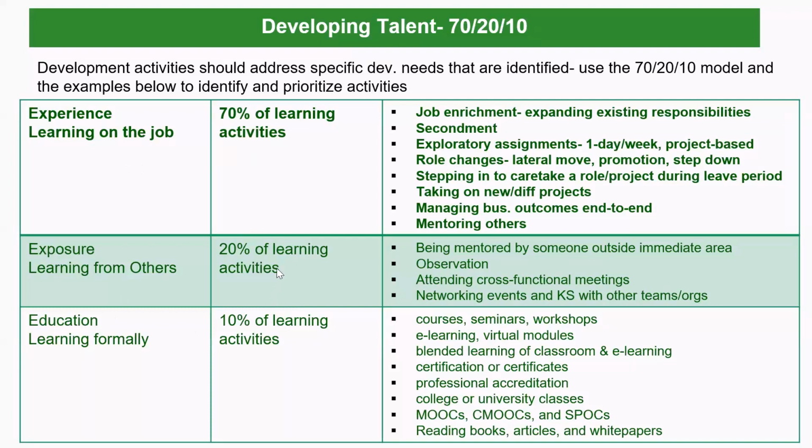Then 20% of learning comes by exposure, learning from others, and 10% of development comes by training. Most of the time we think that by sending them for training and all that, that's where they pick up all the notes. The best way to develop people comes through experience, by doing.